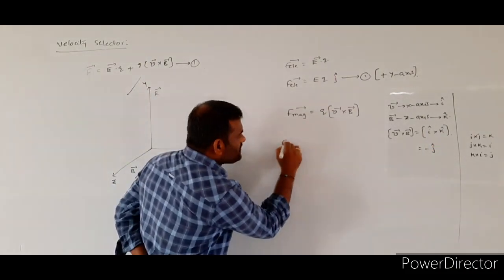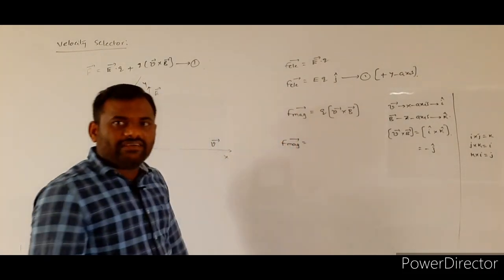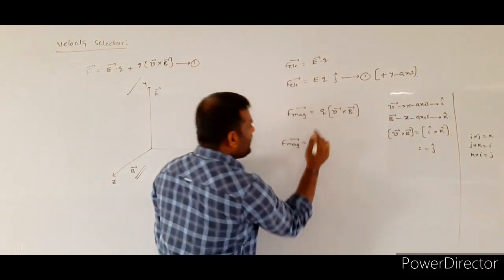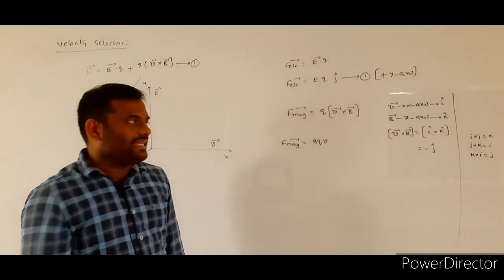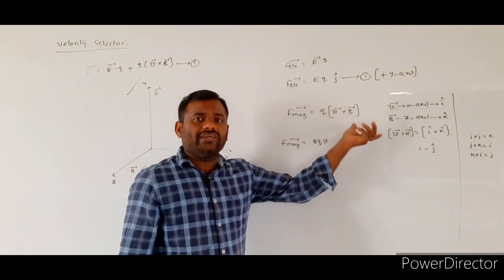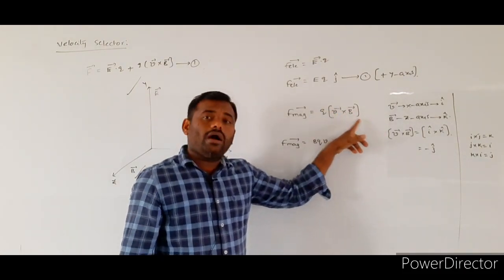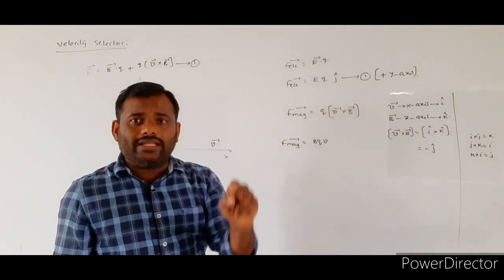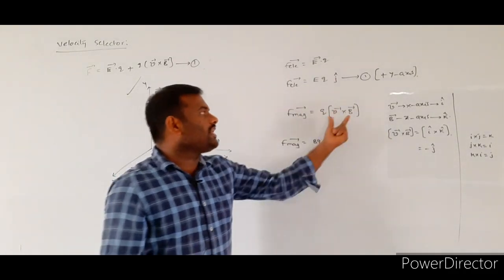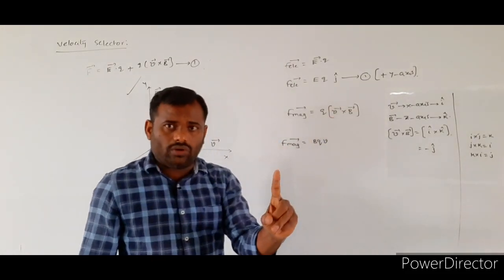Therefore, the force due to the magnetic field has magnitude BQV. Why? Here V bar and B bar are acting at right angles to each other, so theta is 90 degrees. The cross product is equal to VB sin 90, and sin 90 is equal to 1.